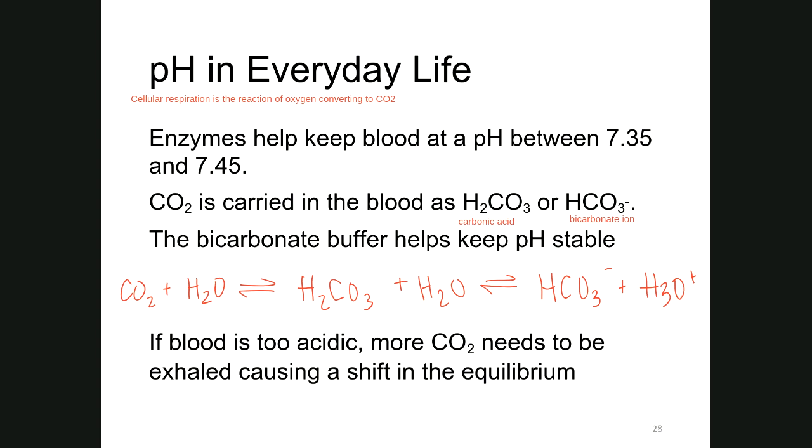So what can happen here is the Le Chatelier principle once again. So if our blood is too acidic, right? Acidic means we have a high concentration of hydronium. So if we're adding hydronium, we need to shift left.